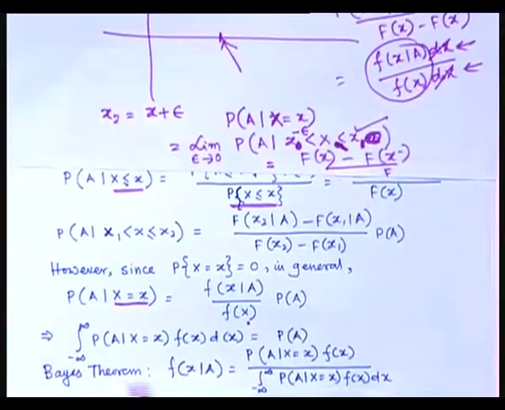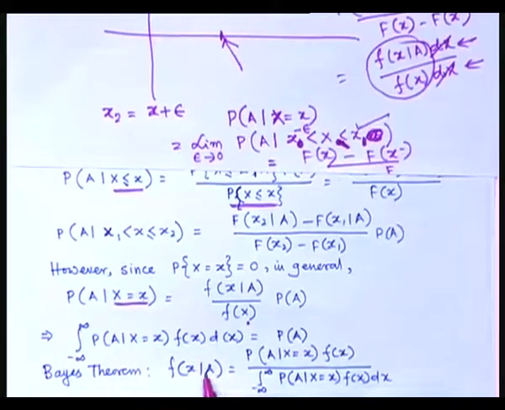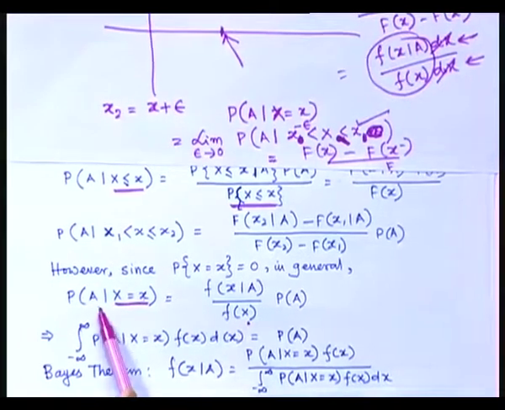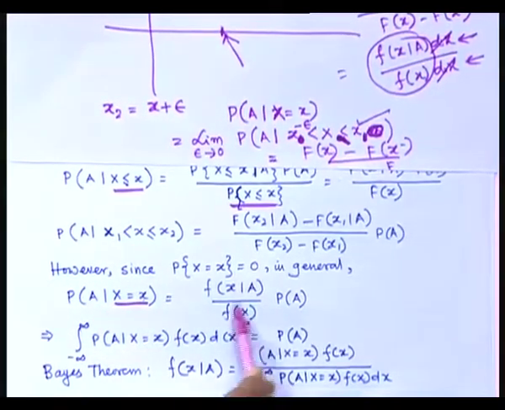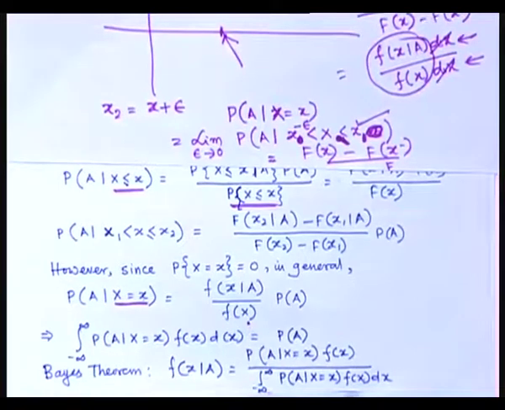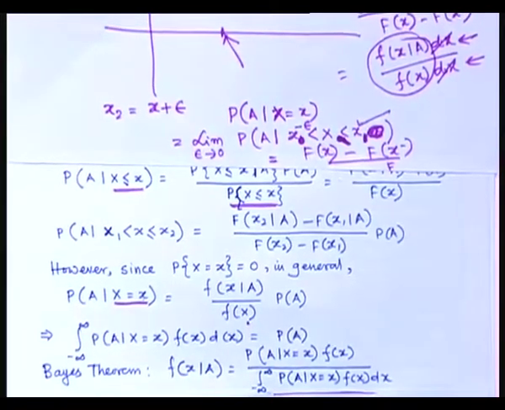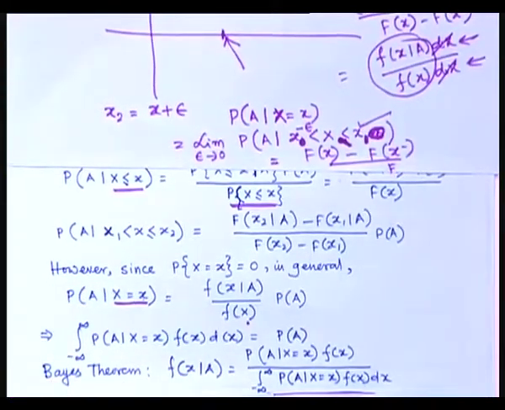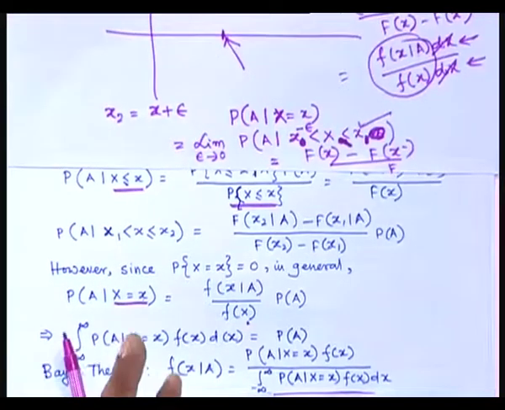Okay. And then finally you have the corresponding Bayes theorem. It is the same thing you are writing, only the denominator is now being expressed in terms of all the posterior probabilities. So you are writing x given a in terms of a given x, that is what Bayes theorem achieves, that probability of a given b can be written in terms of probability of b given a.